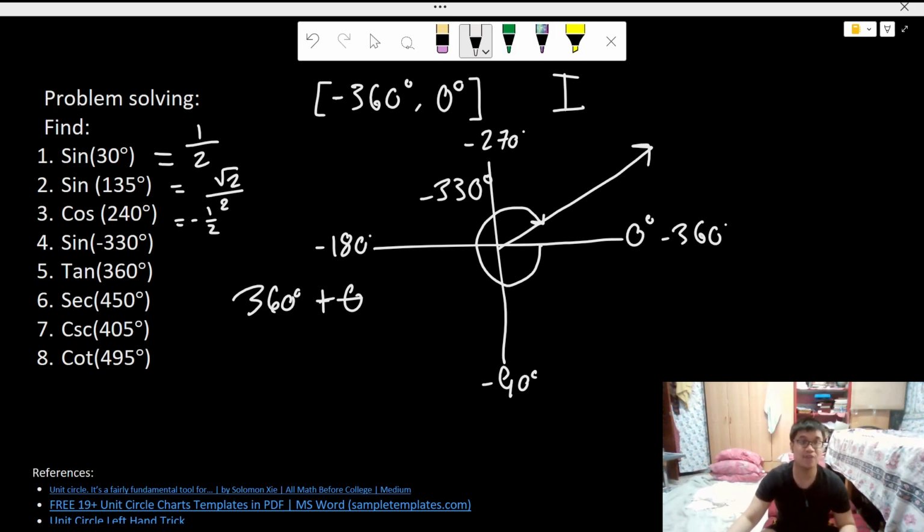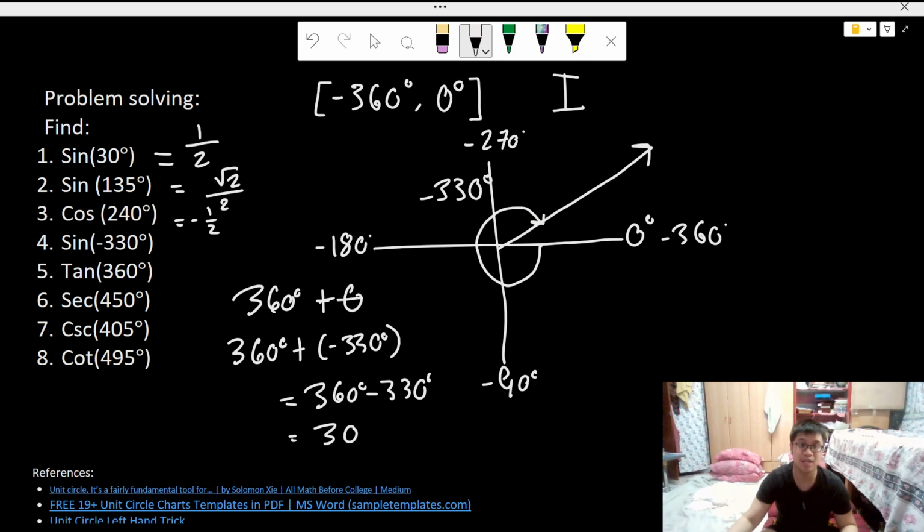So we have a given angle of negative 330 degrees, so you will have 360 degrees plus negative 330 degrees. This is just the same as subtracting 330 degrees from 360 degrees. So this is 30 degrees.